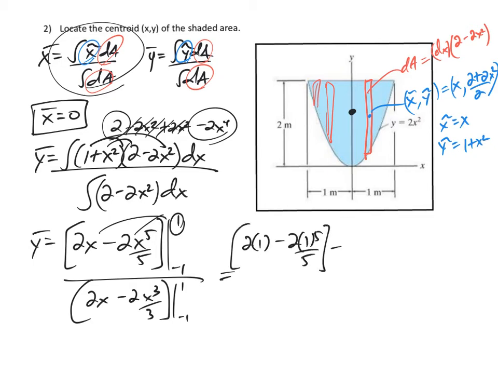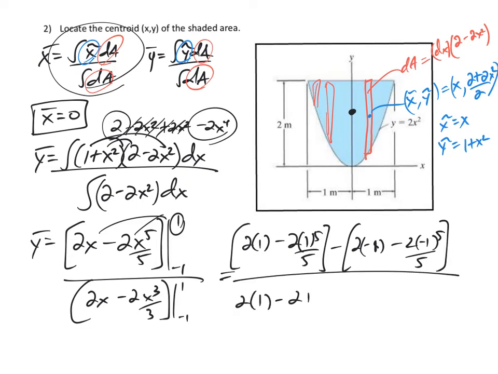And then subtract what happens when I plug in -1: 2 times -1 minus 2 times -1 to the 5th over 5. Get that divided by 2 times 1 minus 2 times 1 cubed over 3. Make sure you subtract this whole thing: 2 times -1 minus 2 times -1 cubed over 3.